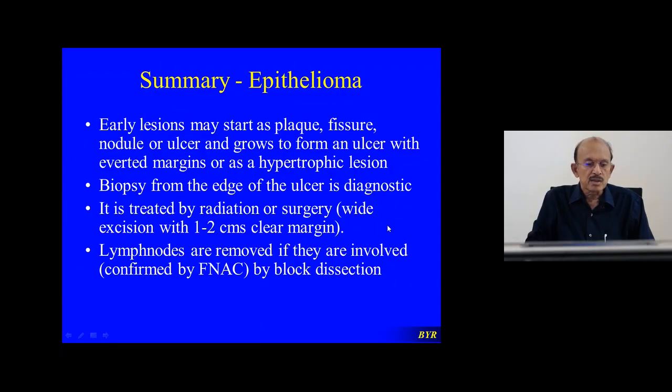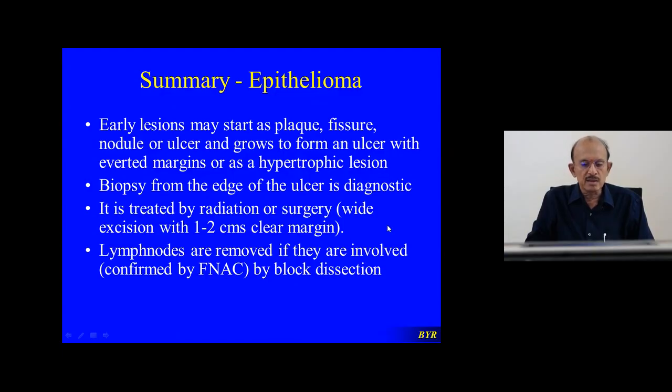Then you must tell that you will remove a block of tissue containing deep fascia, fibrofatty tissue, horizontal and vertical group of inguinal lymph nodes, and the long saphenous vein, because there will be lymphatics running along the long saphenous vein. All these things are removed completely.